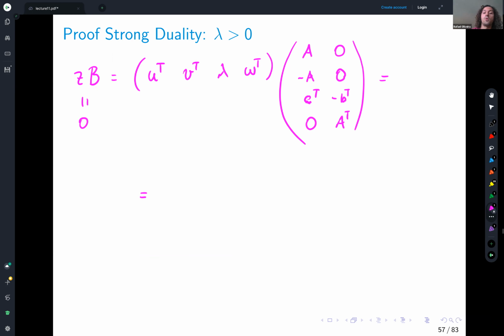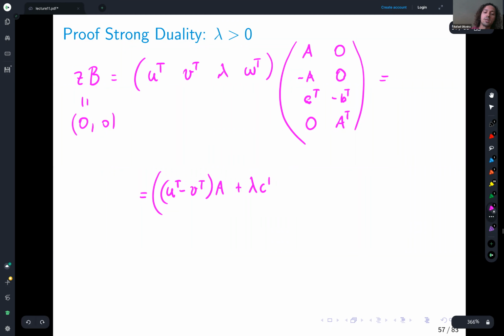My first row gives U transpose minus V transpose A. It's a 2 vector, so this is going to be 0, 0. So this is U transpose minus V transpose A plus lambda C transpose, and the other one is W transpose A transpose minus lambda B transpose.